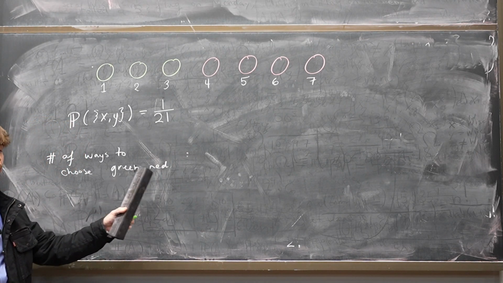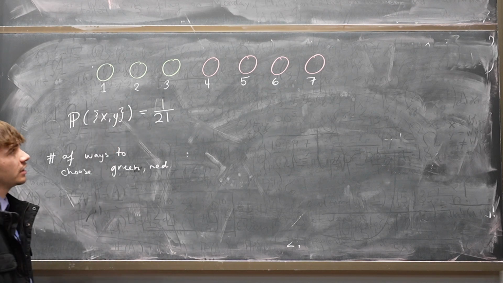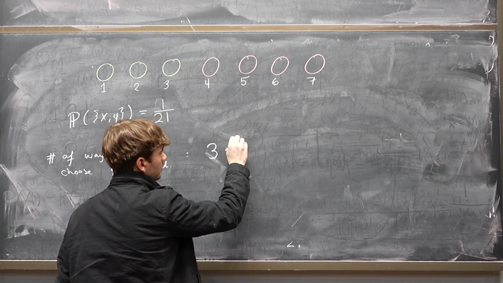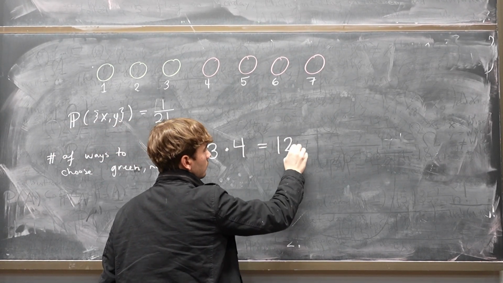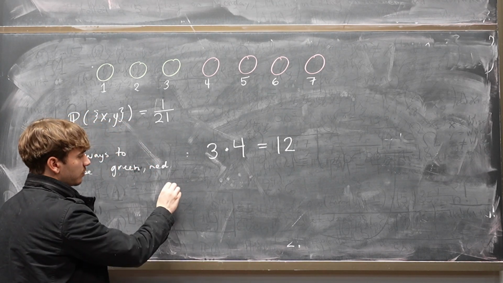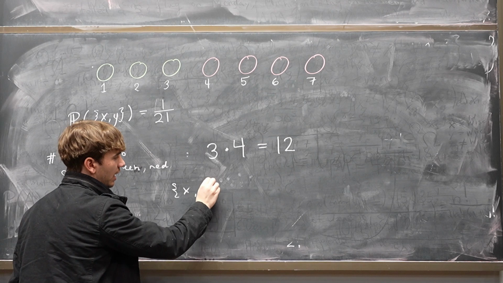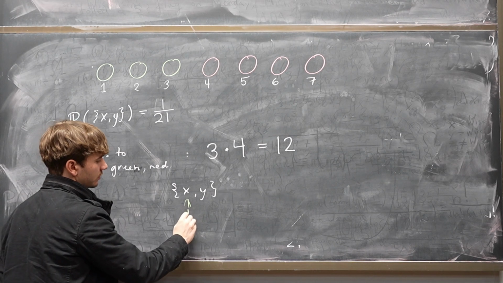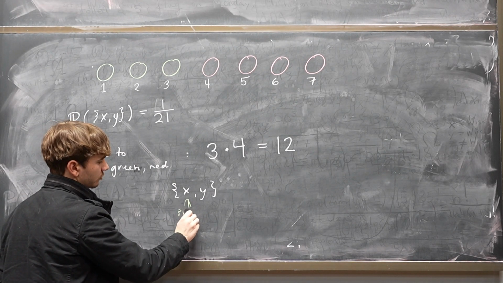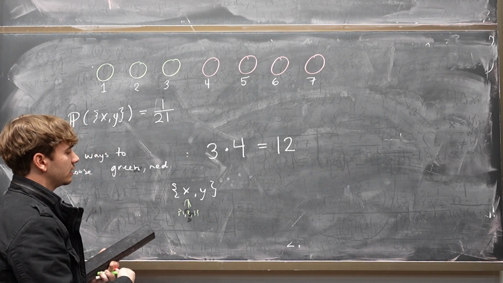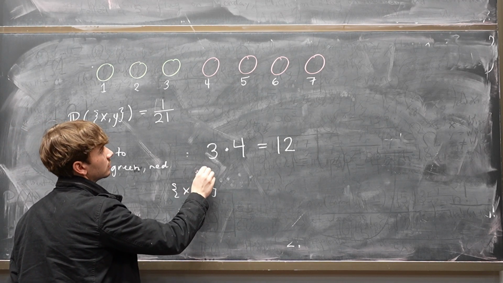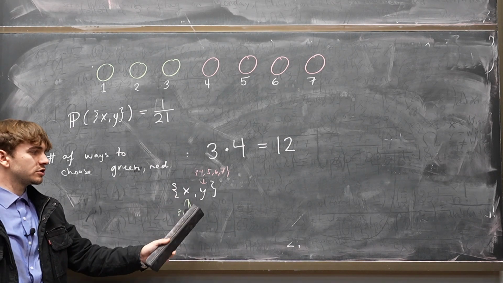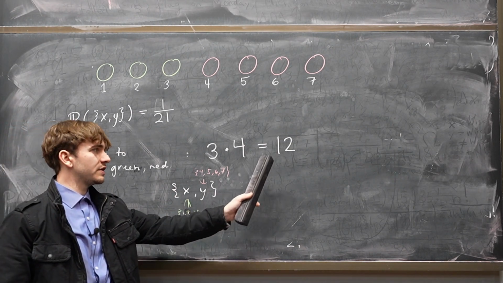So the number of ways to choose a green and a red ball: I have 3 ways of choosing a green ball, and I have 4 ways of choosing a red ball. So there are 12 possible combinations x comma y, where x is green, so x belongs to the set 1, 2, 3, and y is red, so y belongs to the set 4, 5, 6, 7. Just via multiplication alone, I can see that this number is 12.